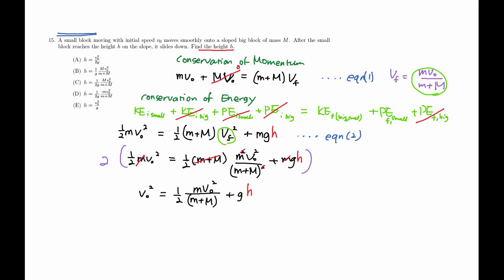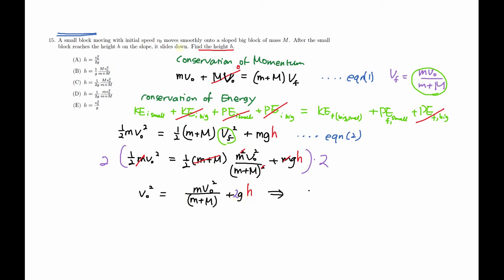We want to find h, so I'm going to switch the middle term to the left side. Since I multiplied by 2, the 2 also has to be multiplied on the right side, so over here we have 2gh.